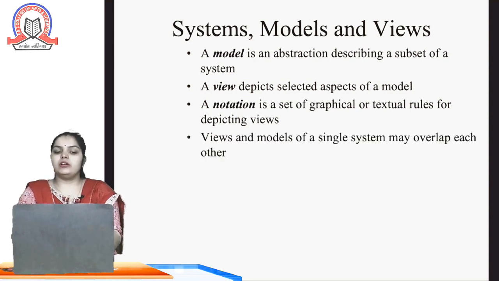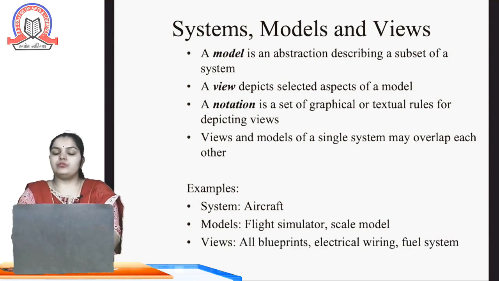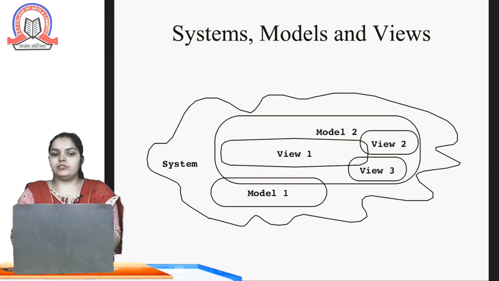Views and models of a single system may overlap each other in many cases. For example, take an aircraft system: models are the flight simulator and the scale model, and views could be the blueprint, electrical wiring and the fuel system.